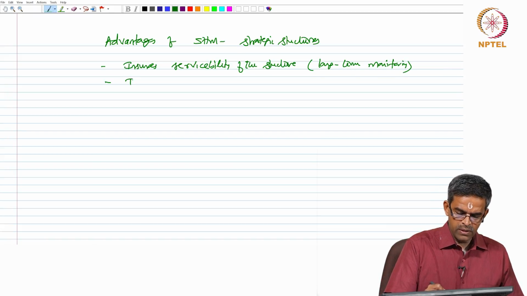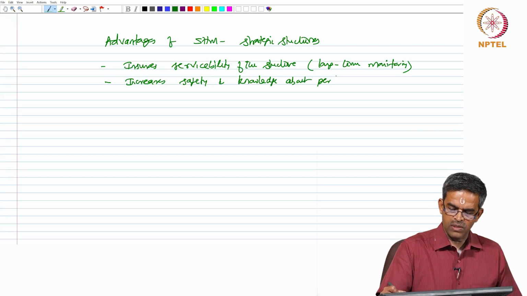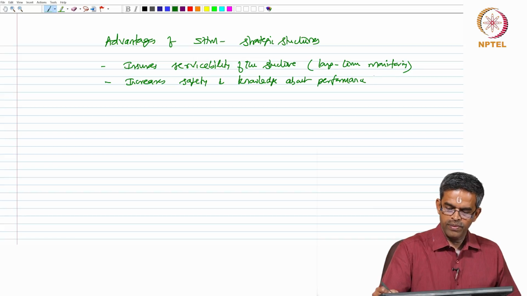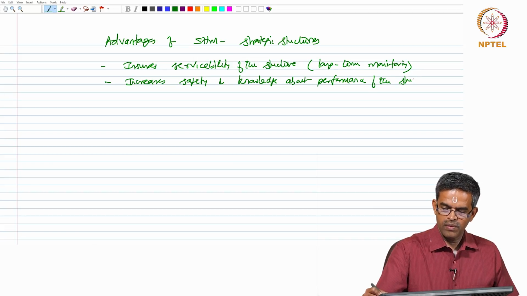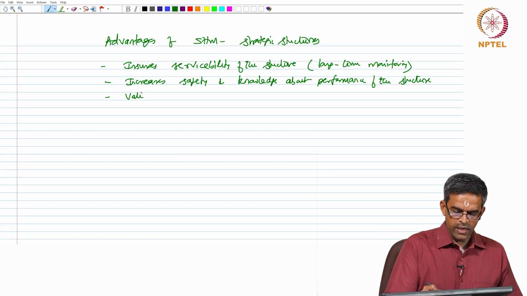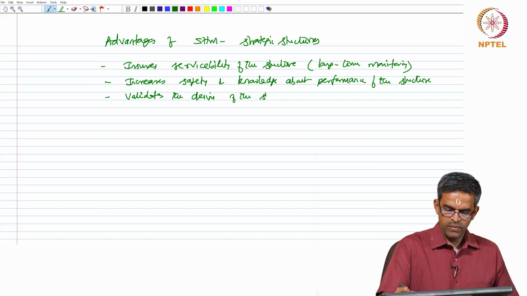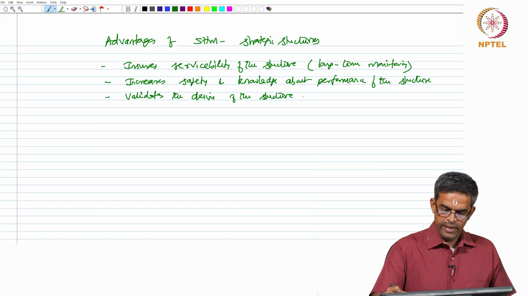It increases safety and knowledge about performance of the structure. It validates the design of the structure and its performance.